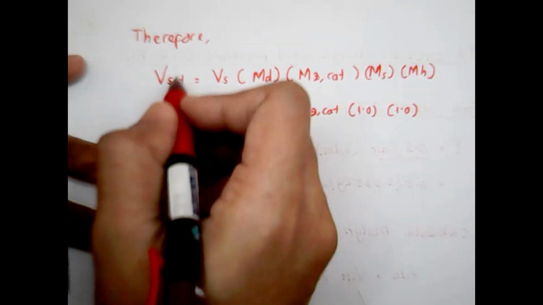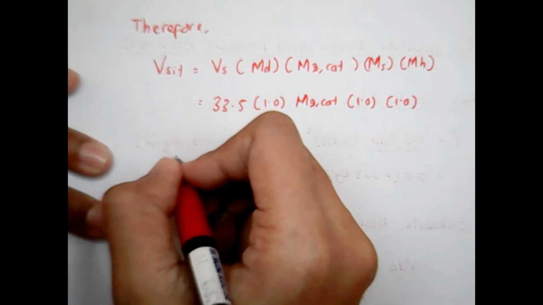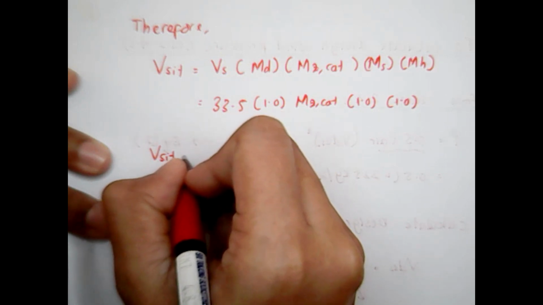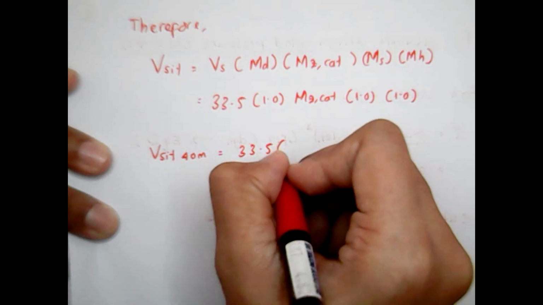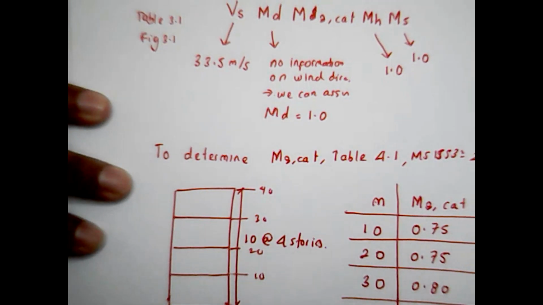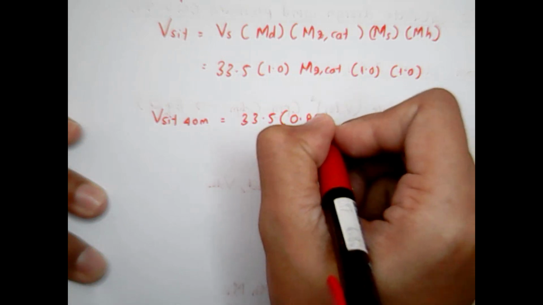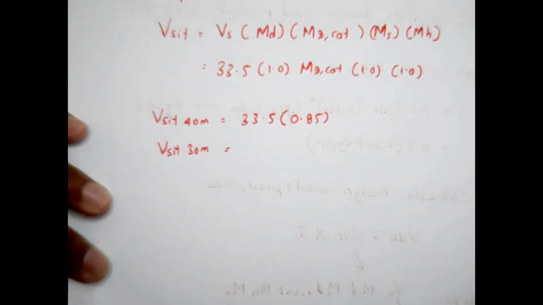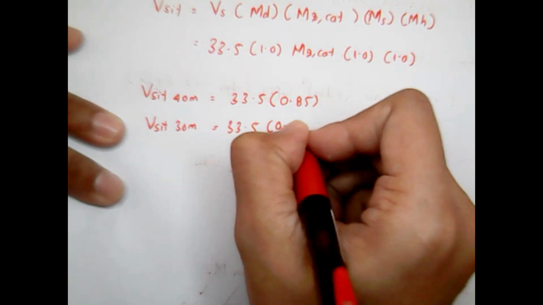So the profile of the design wind speed, for V seat, let's say we have at 40 meter, 33.5 times MZ cat, which is 0.85. And V seat at 30 meter, MZ cat is 0.8, so 33.5 times 0.8.